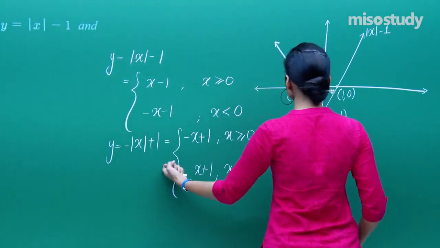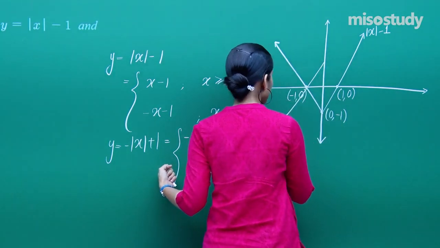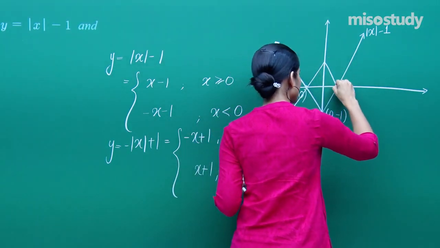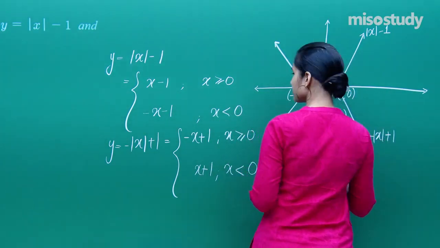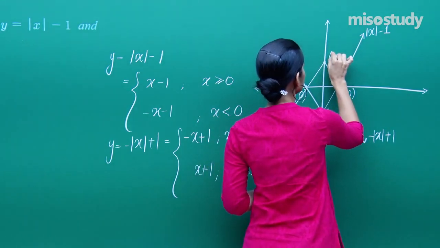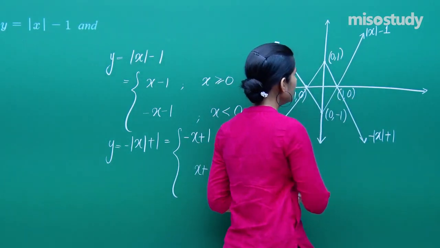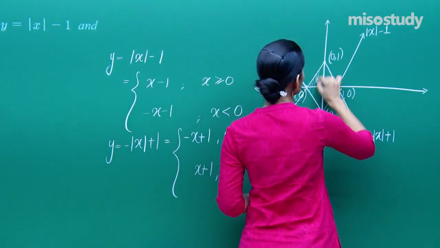And the next curve you plot is minus mod x plus 1, and here this is 0 comma 1. You have to find the area bounded by these, that means this area you need to find.